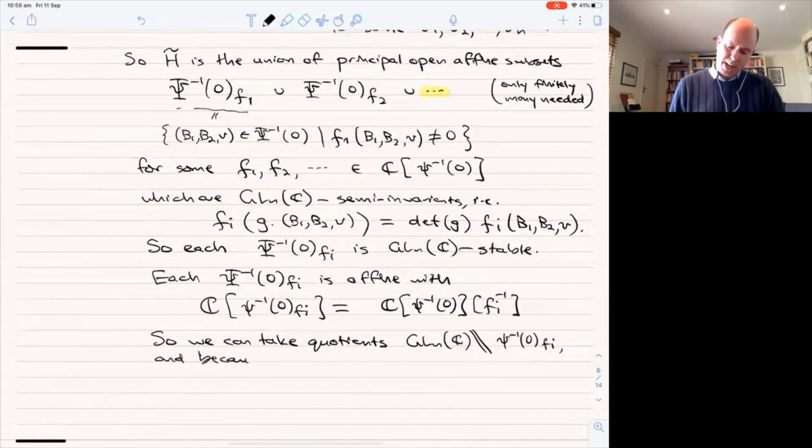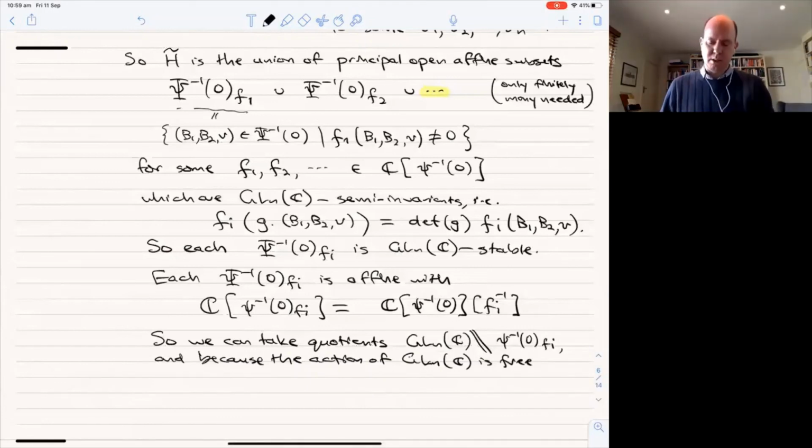But now, because the action of GLNC is free, yes, actually it's true that you really want it to be free in the algebraic geometry sense of the word, not just the set theoretic notion of freeness that I proved before. And that follows from the Luna slice theorem, as Lin once said.